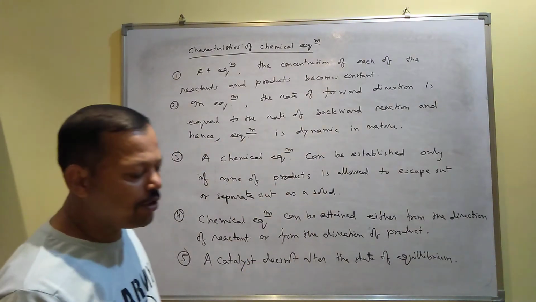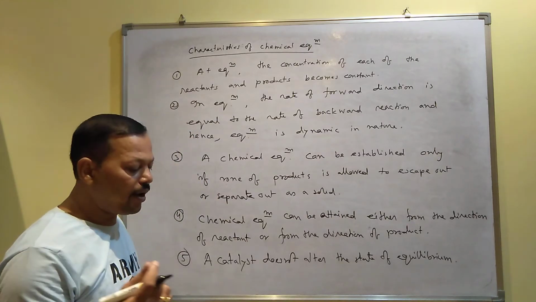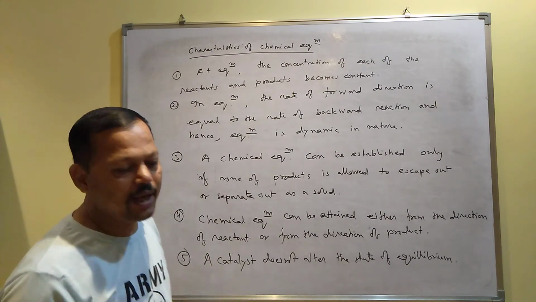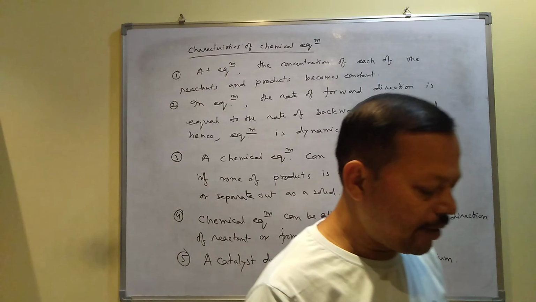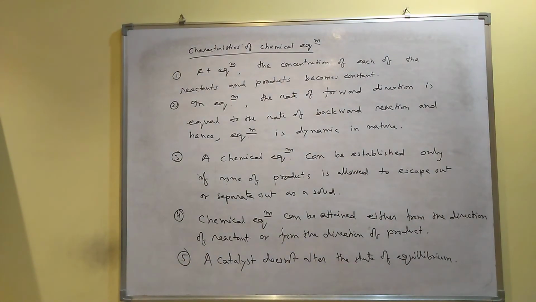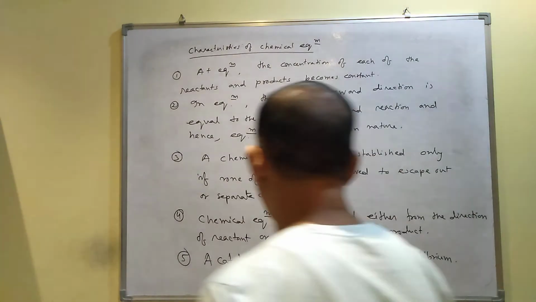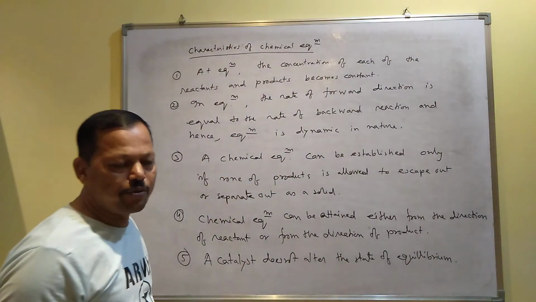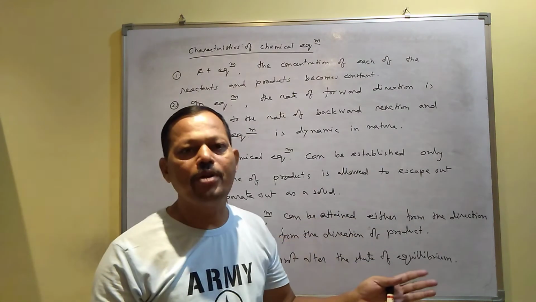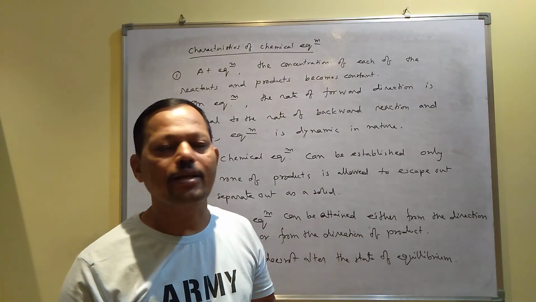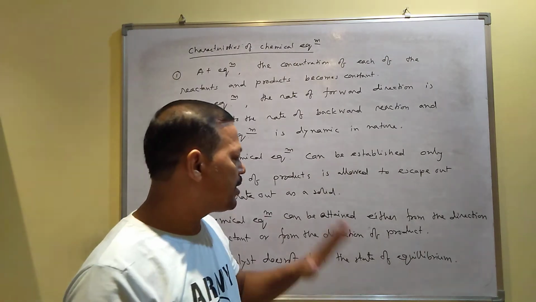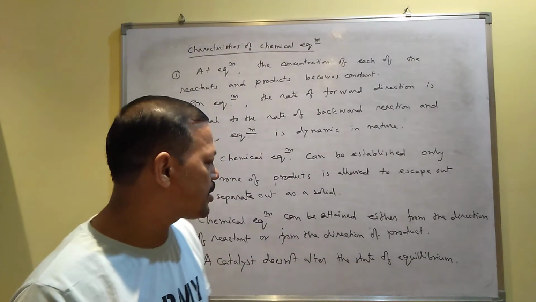In a reaction, when you apply a catalyst, the catalyst will not affect the equilibrium state. I mean, equilibrium will remain there. So a catalyst does not alter the state of equilibrium. You know, there are a number of reactions in which catalysts are used, but when a reaction gains the equilibrium state, after gaining the equilibrium state, if you apply some catalyst also, that catalyst cannot alter the state of equilibrium.